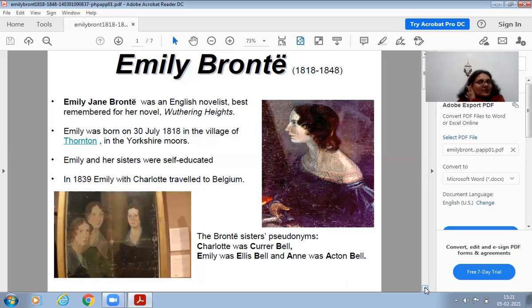Heathcliff wants to take revenge for the ill treatment which he faced in Earnshaw's family. So the novel is about revenge also. These three things, love, jealousy, and revenge, are basic human emotions, and we all have these feelings. So the novel is about basic human instincts.